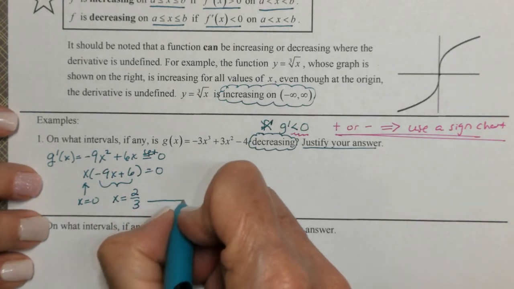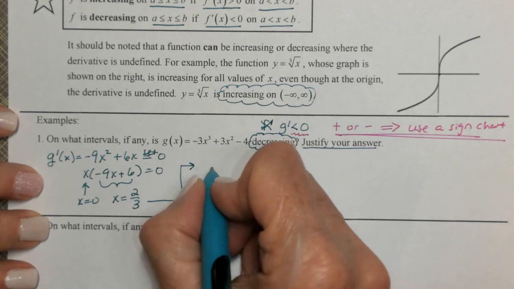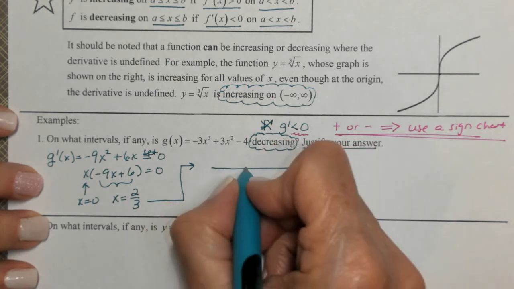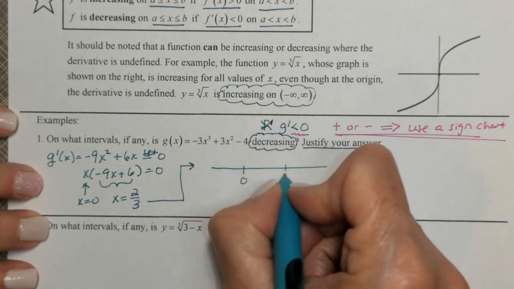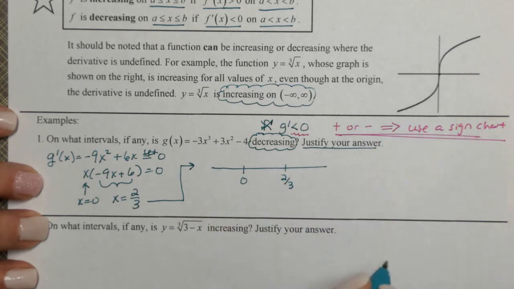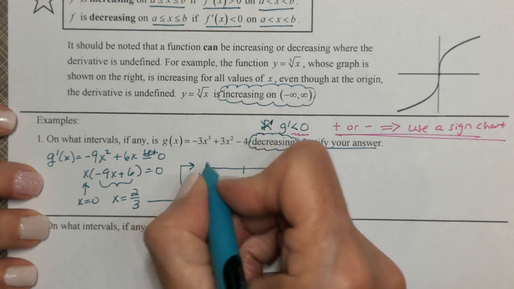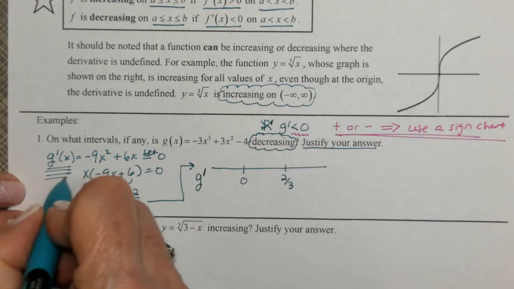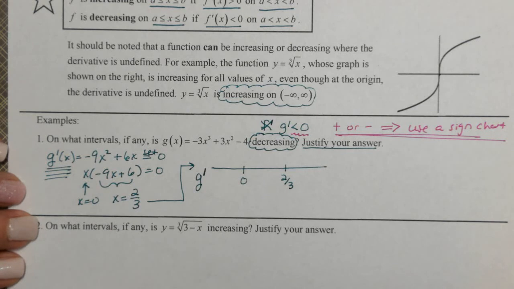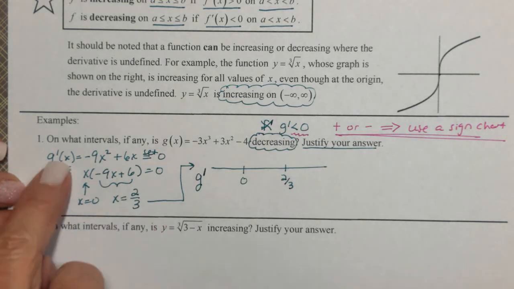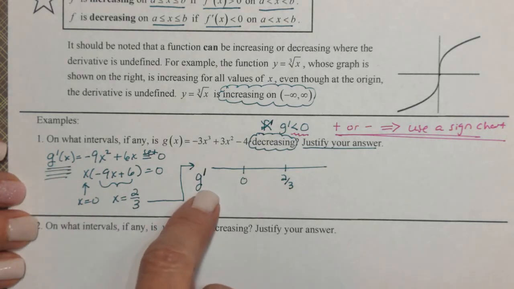So we take both of those values and we put them on a sign chart in the correct order. 2/3 is greater than 0, so make sure you put it on the right of 0. We are doing a sign chart on g prime because that's where those two numbers came from. So we're testing g prime.